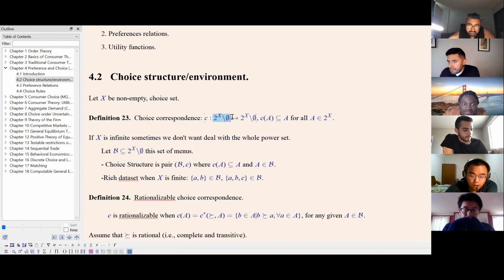So empty here means, this is the domain, these are going to be the choices, the menus I'm giving the subject. So I'm never going to offer the subject no choice, right? So emptiness is removed. And this is mapping this support of choice sets to the image, which is a choice actually, right?